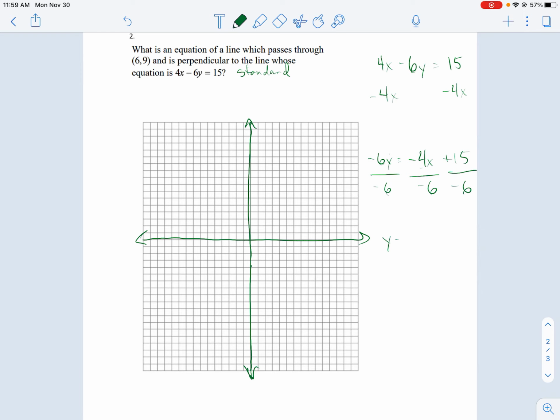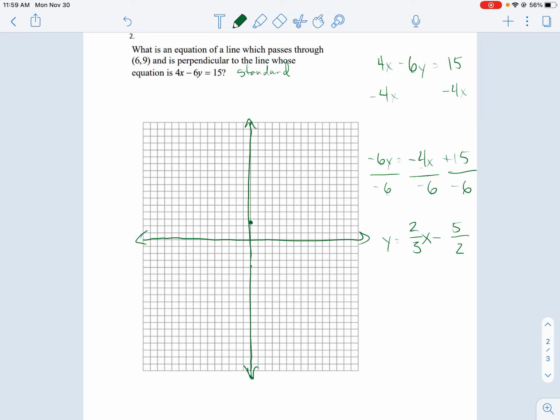I get y is equal to a positive 2/3 x minus 5/2. Okay, so that's our equation. Not a very nice one. Looks like our y-intercept is going to be somewhere around 2.5, so it's going to be somewhere here.